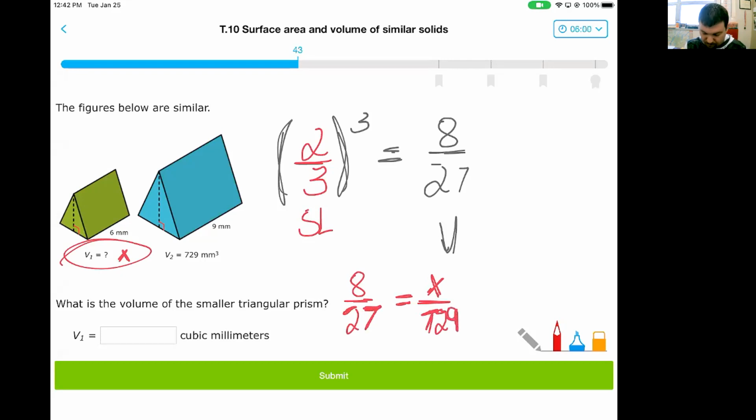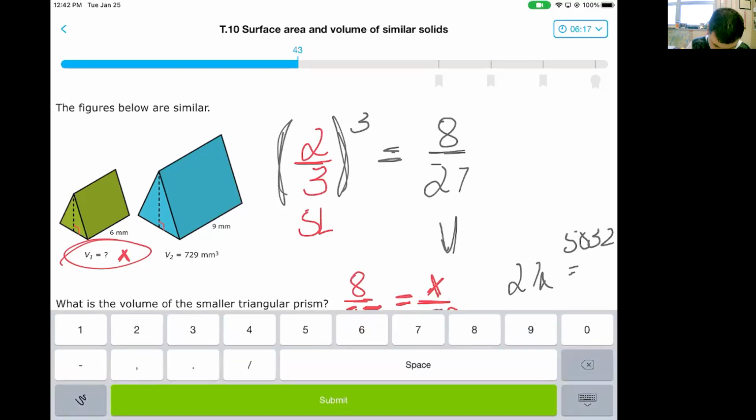And then cross multiply that. So 27x equals 8 times 729. I didn't have enough room to write that. 5,832. Sorry, that looks like trash. Divide by 27, and that's going to give you 216.